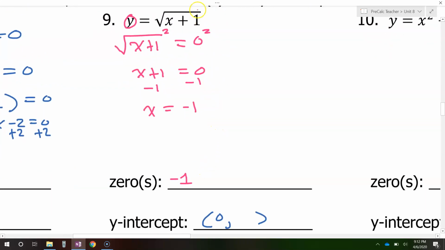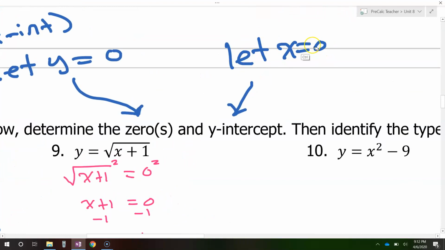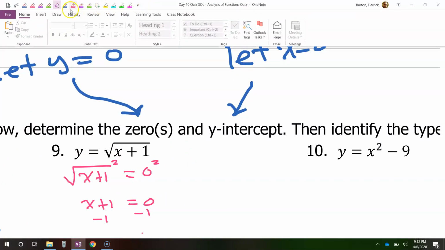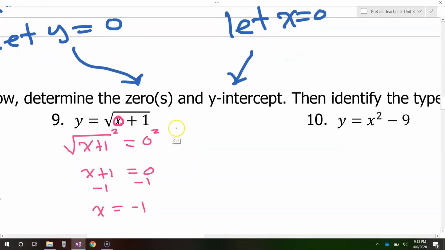Now, how do I find the y-intercept? For the y-intercept, we let x equal 0, which again you should be able to do in your head. Imagine that x was 0. That would give you y equals the square root of 1, because 0 plus 1 is just 1, and the square root of 1 is 1.